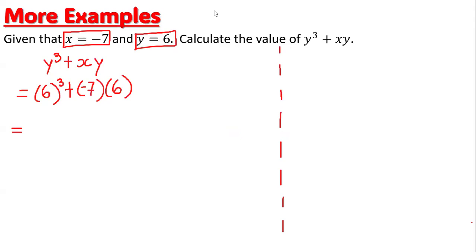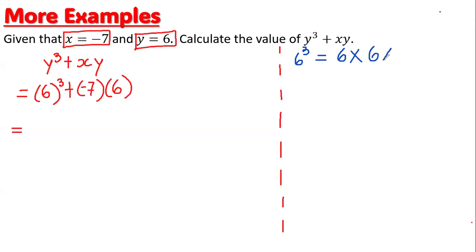So we have 6 cubed. 6 cubed is equal to what? 6 times 6 times 6.